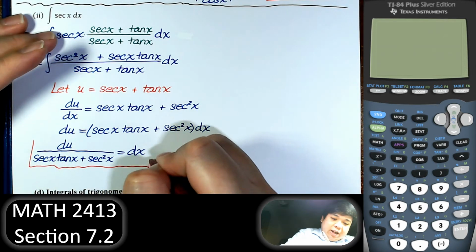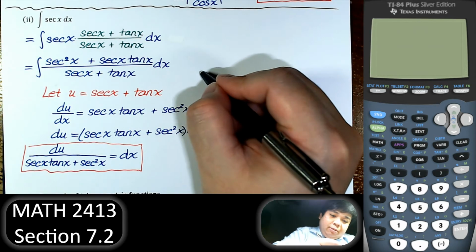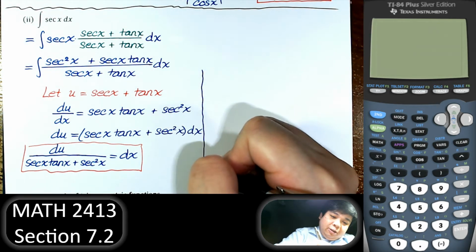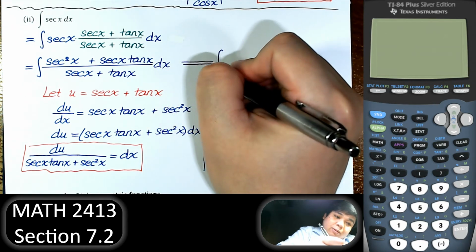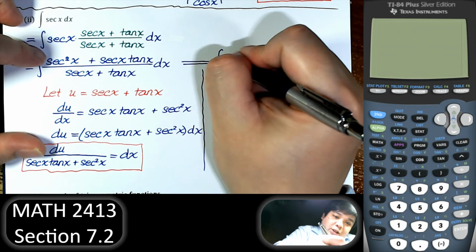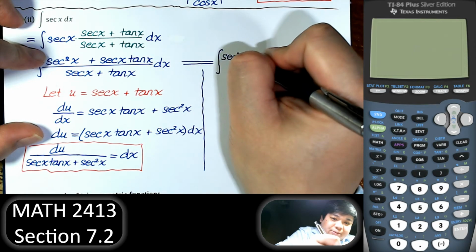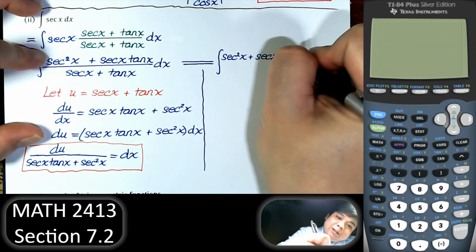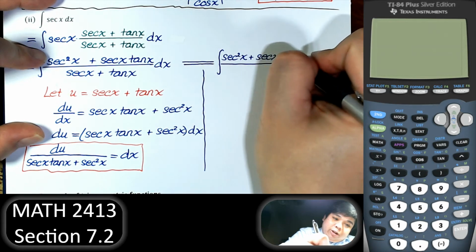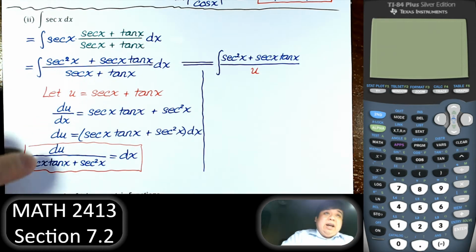So we have dx. Now let's substitute back into our problem. Secant square, trying to write small, secant x, tangent x, over, that is u, and du is this.